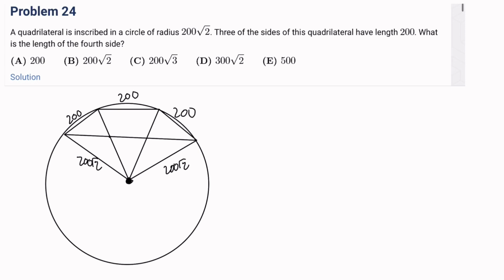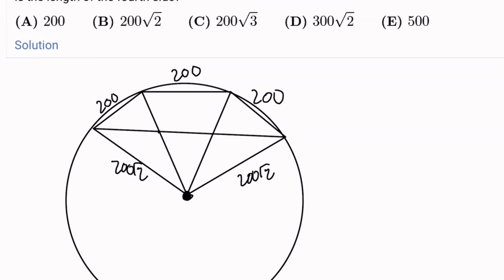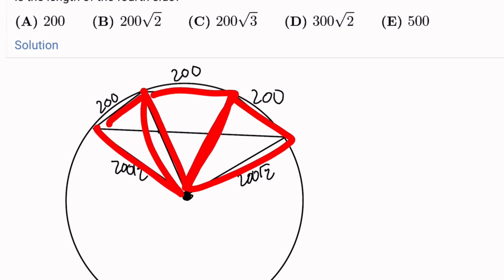And since this is 200 root 2 also, actually, what we can see is that since these side lengths are all equal, and also these lengths are all equal, that means all of these 3 triangles are all congruent, right?